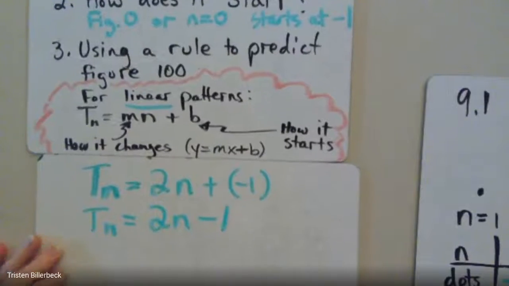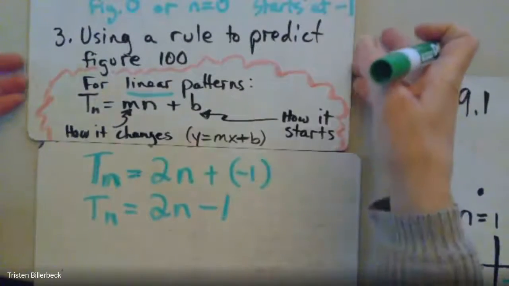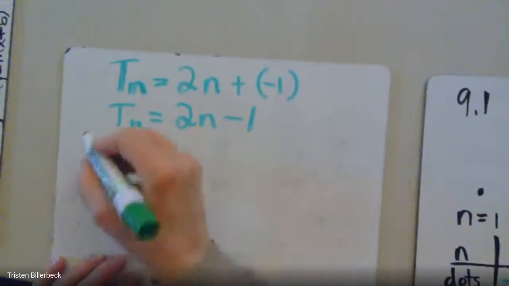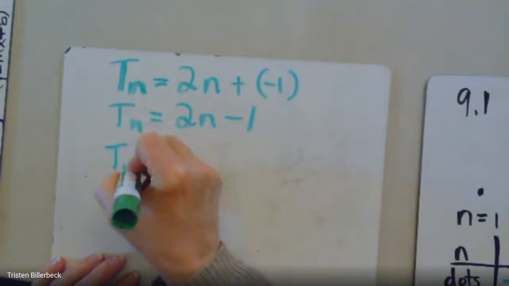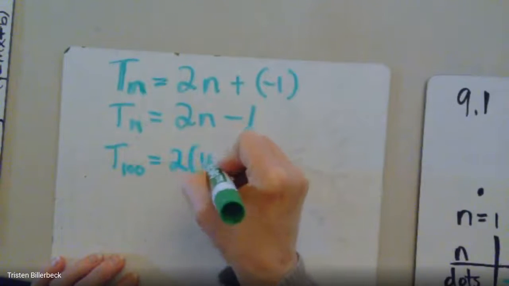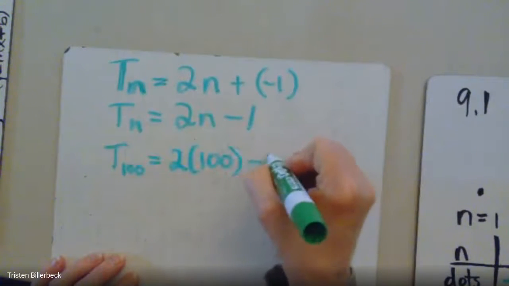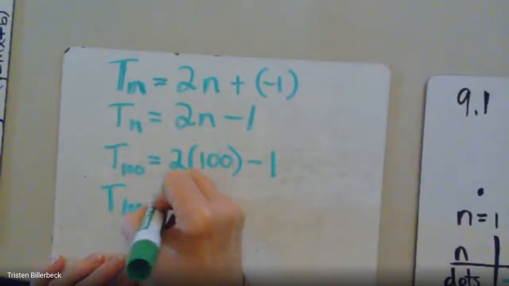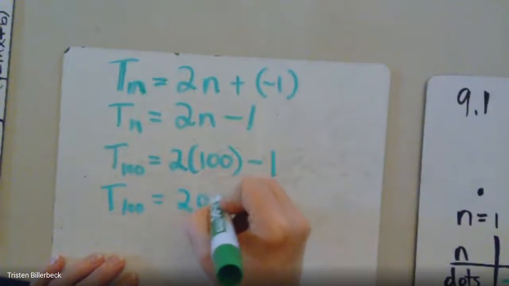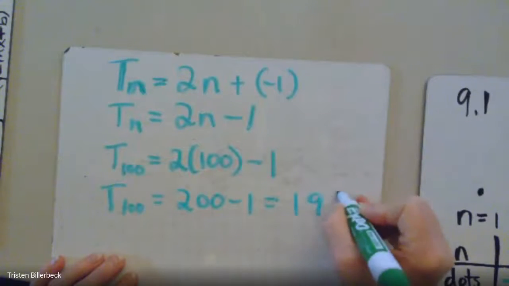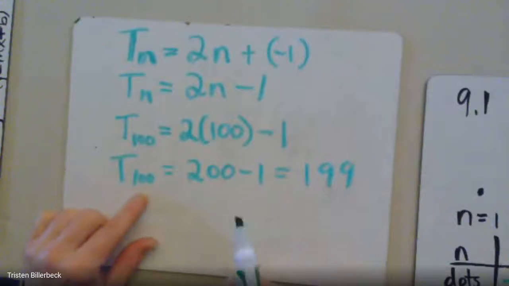Now, if we want to predict figure 100, we would just write t sub 100 equals 2 times 100 minus 1. So t sub 100 equals 200 minus 1, which is 199.